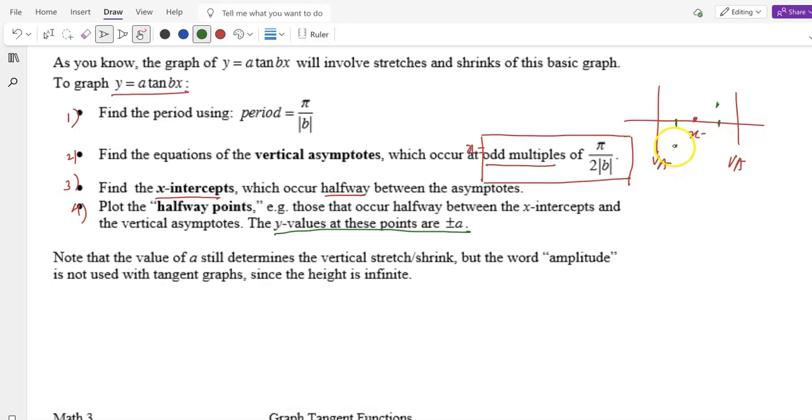Not the y-intercept, but the lowest or highest values, comparable to the amplitude. So the y values at these halfway x values will be minus a and plus a. So these 4 points you need to remember.